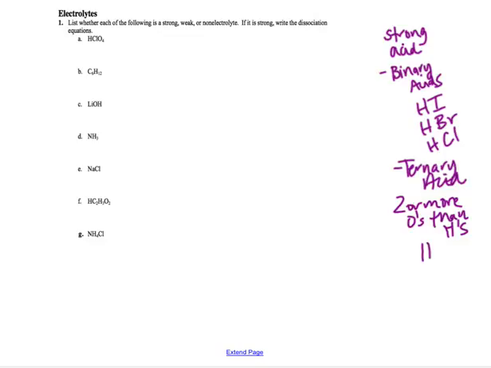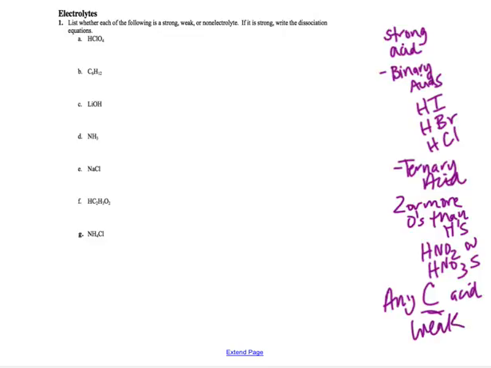So for instance, if we have HNO2 versus HNO3, HNO2 only has 1 more O than H, so this is going to be weak. This one has 2 more O's than H's, 2 or more, so it's strong. And any acid with a carbon anywhere in it makes it a weak organic acid. Okay? So if there's a C in it, don't even look at the O's. It's weak.